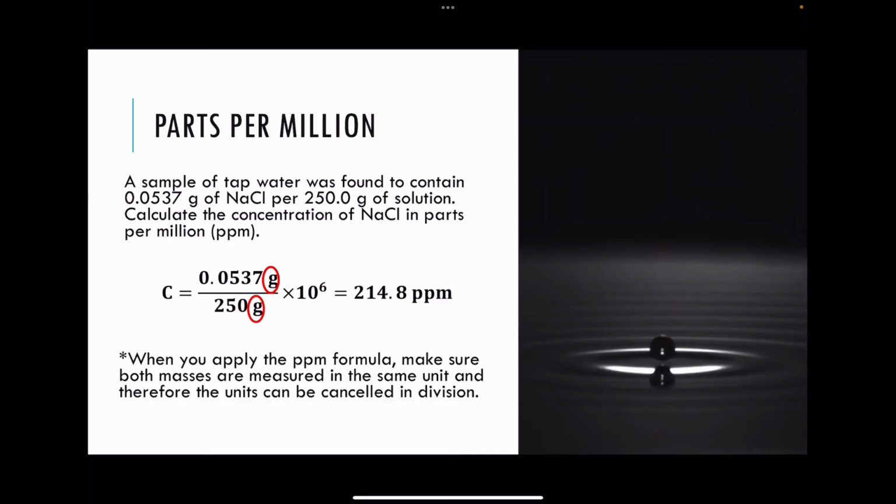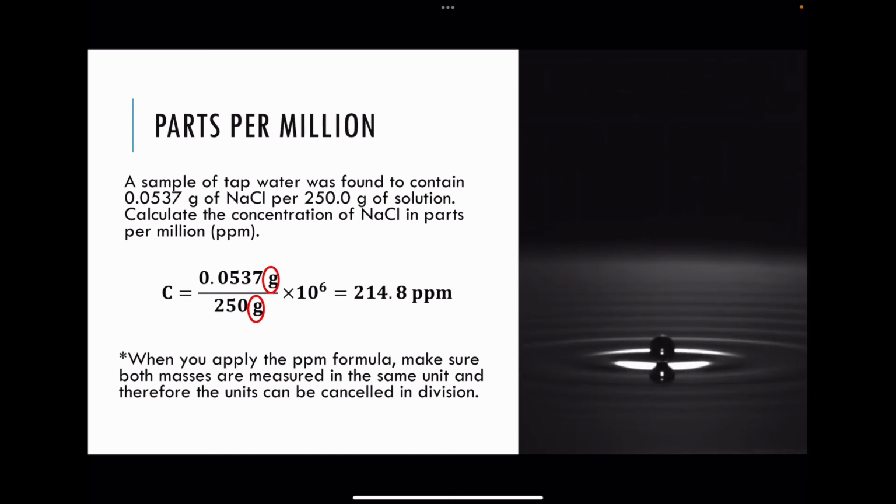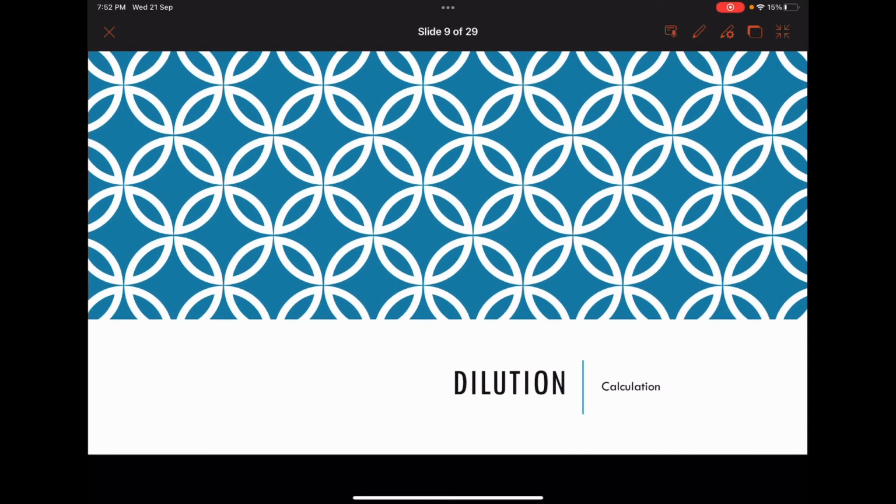Okay. So here I want to emphasize that when you apply the ppm formula, you need to make sure that both the mass of solute and solution are measured in the same unit so that they can be cancelled in division.